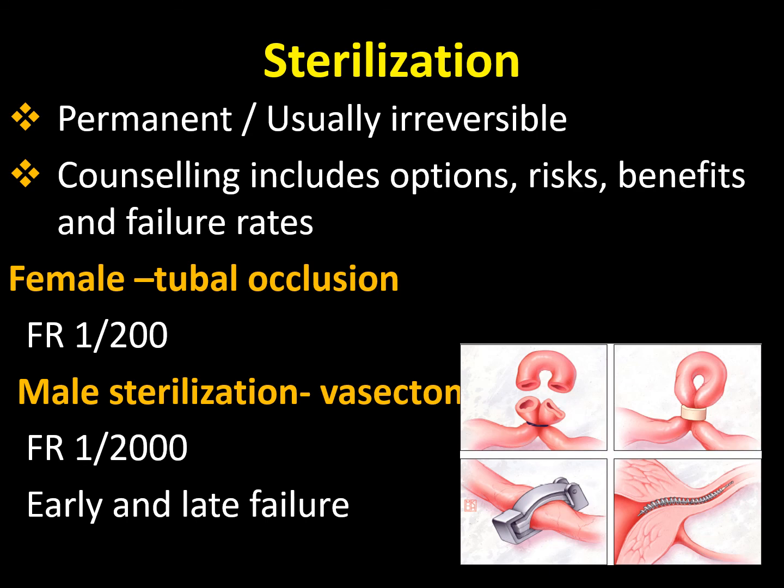The couple need to continue on whatever method of contraception they were using before sterilization till we have 2 samples of seminal fluid confirming azoospermia. We usually do the first sample after 6 weeks of the procedure and the second 12 weeks later.